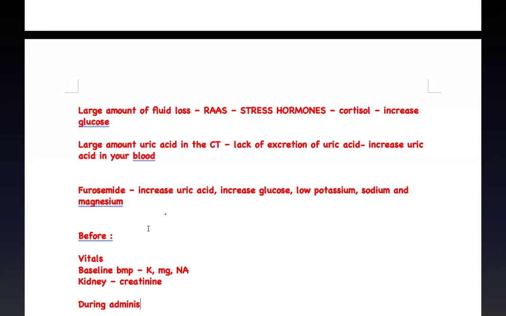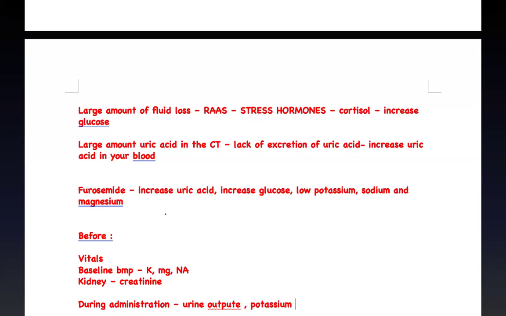During administration, there are certain things you have to know. You have to assess how much they respond to it, so how much urine output came out, right? You have to assess their potassium level and whether it's going down.